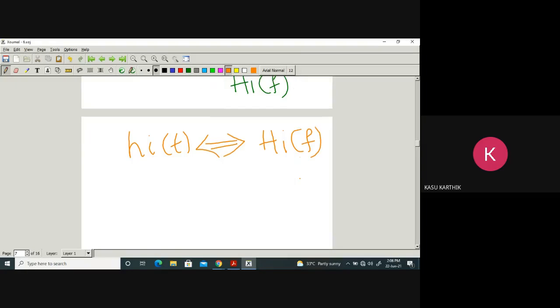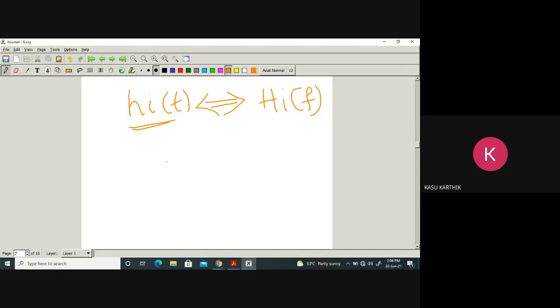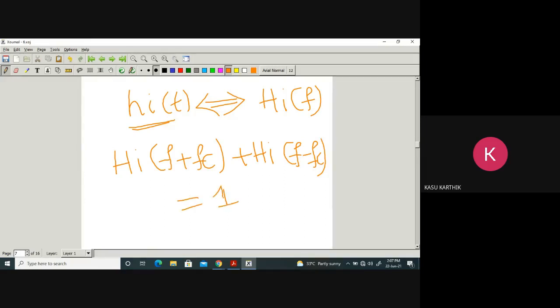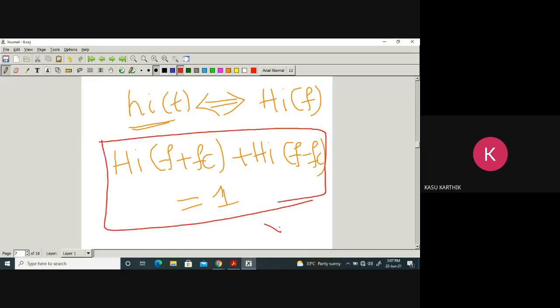So this filter at the modulator should satisfy: Hi of f plus fc plus Hi of f minus fc should be equal to a constant. Typically, it should be equal to 1. Very, very important.